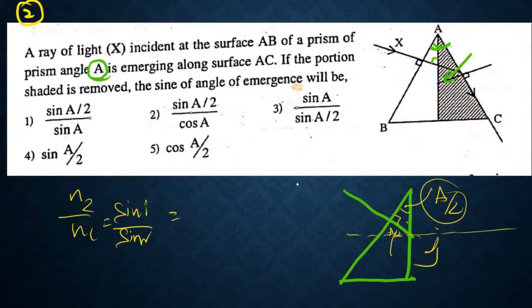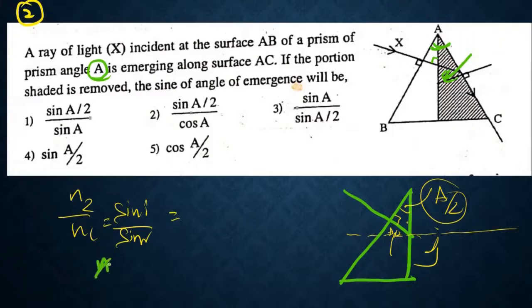We don't have the answer even in it. So from the given data, we have to find it. A ray of light X incident at the surface AB of a prism of prism angle A is emerging along the surface AC. Just like the previous question, they are talking about the critical angle. So it goes along C. So we have to apply the same equation.